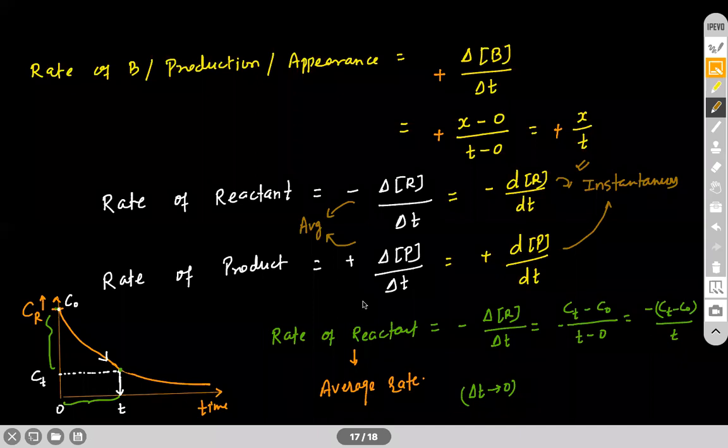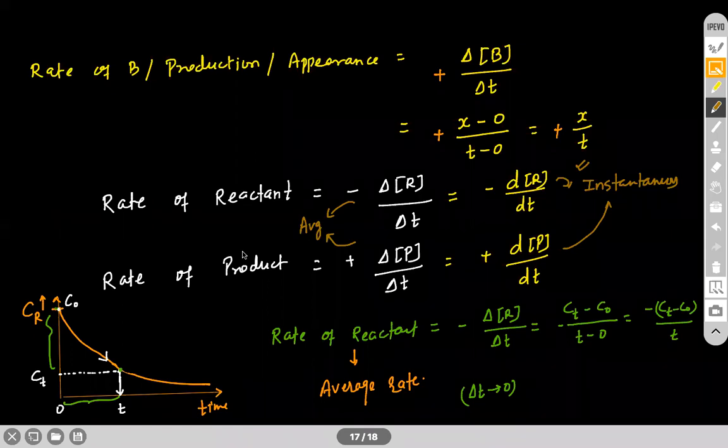Okay. Now, one more thing I would like to draw your attention to here, that we are talking about the rate of reactant and product, we are not talking about the rate of reaction. Again, I'm telling you both are different. Rate of reactant and product is different from the rate of reaction.